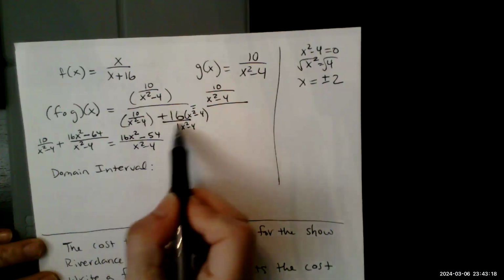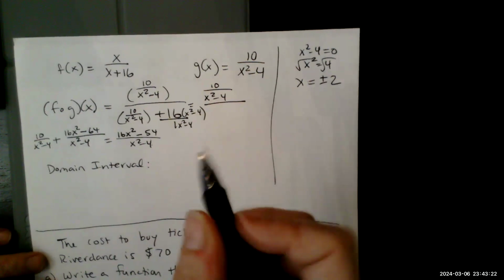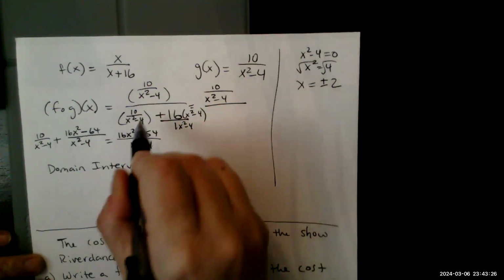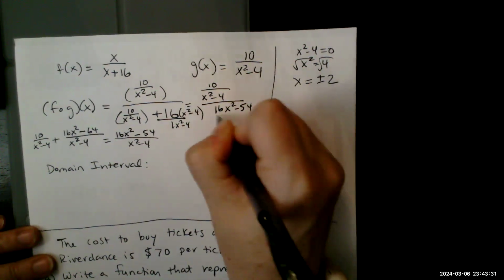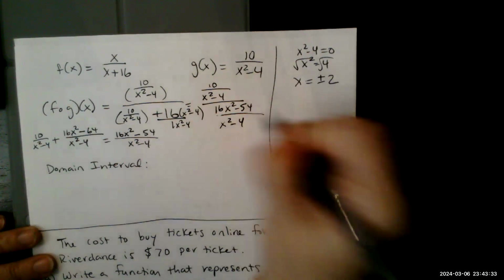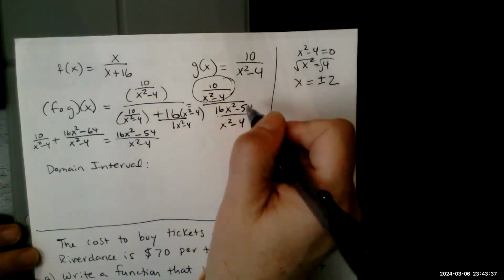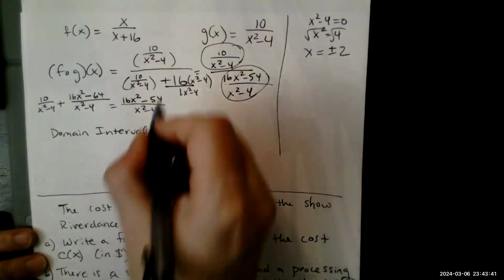That was just me getting a common denominator so I could add these together and get it as nice as I can. So now I'm going to go back to the problem. The top I left the same right now, but the bottom I was able to change into this. And now that I have a fraction divided by another fraction, I can do the keep, change, flip.